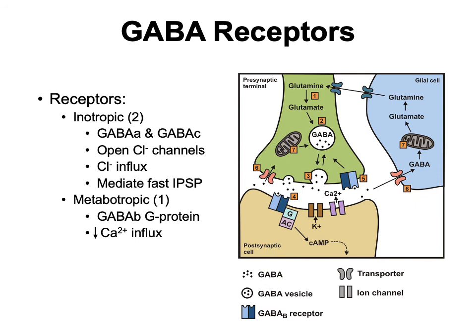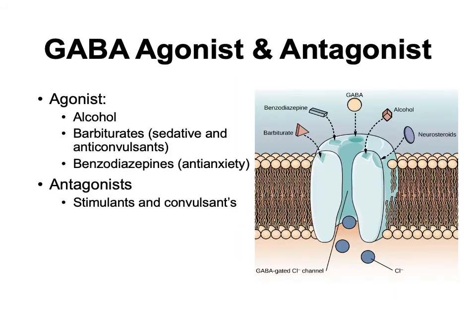The metabotropic one is the GABA B, and they're linked to a G protein, and they're going to inhibit calcium influx. Remember, that's what the metabotropic G protein receptors do. If they're stimulated, they increase intracellular calcium, but if they're inhibited, they're going to decrease intracellular calcium.